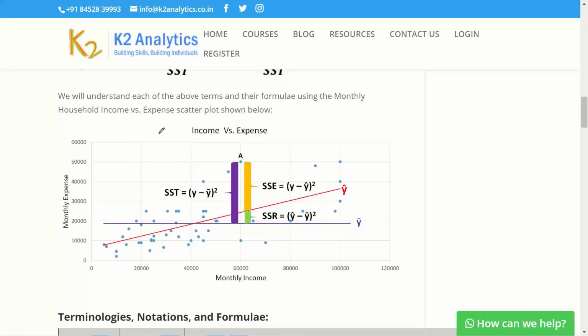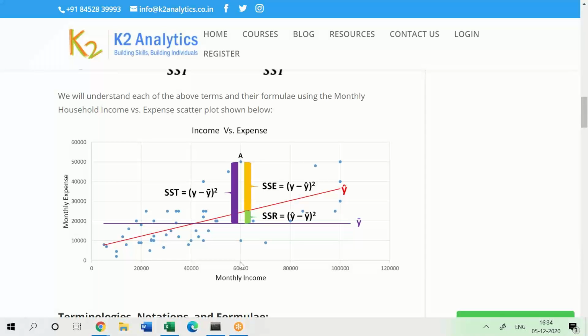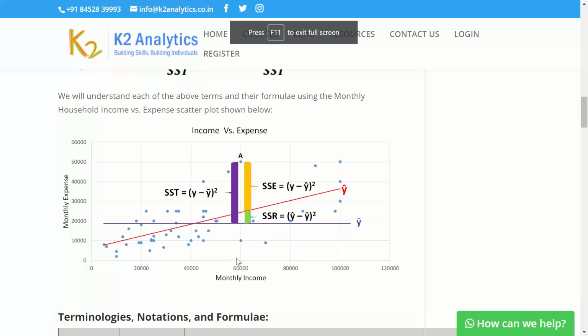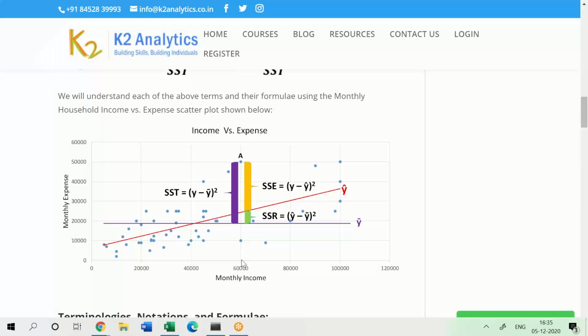We are taking a particular record having an income of 60,000.